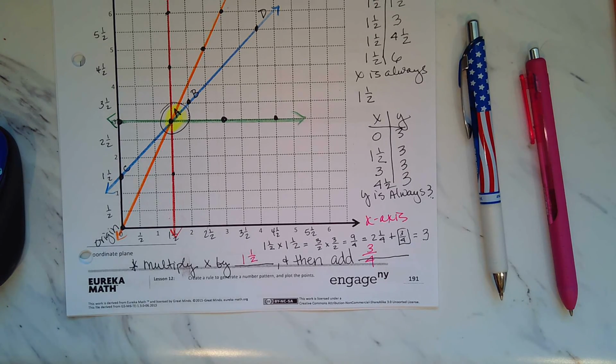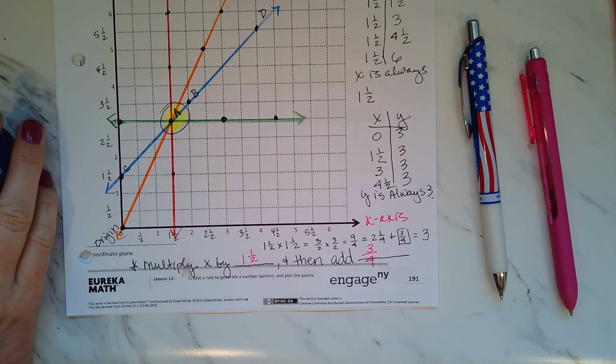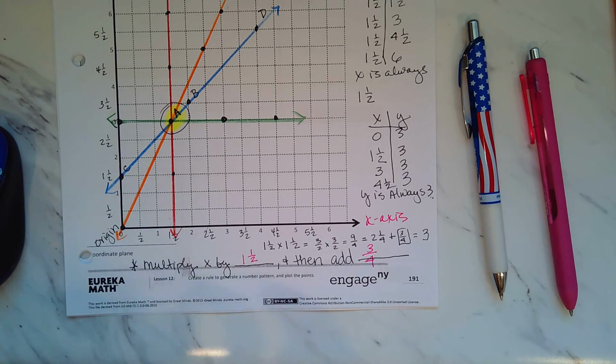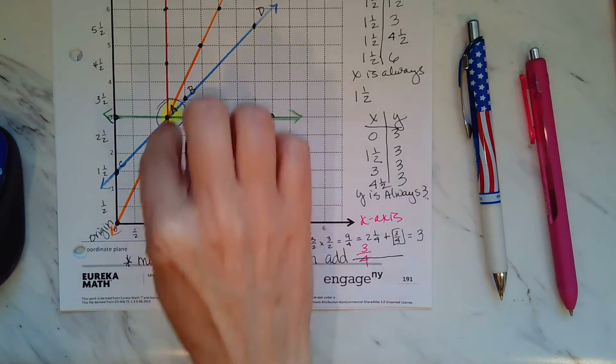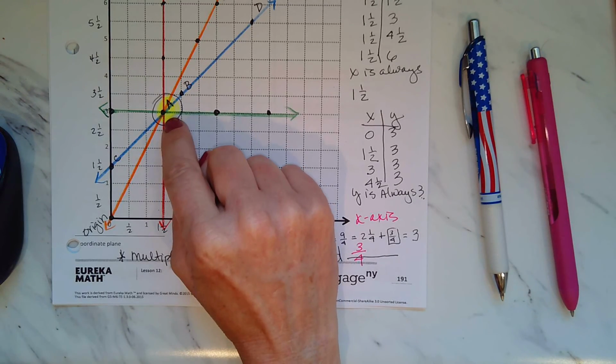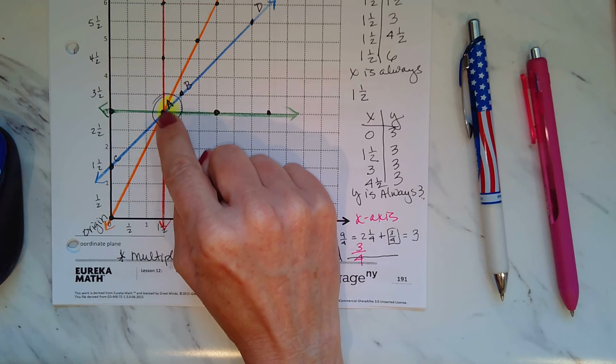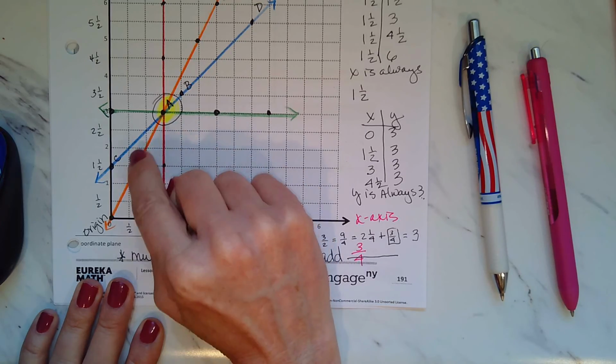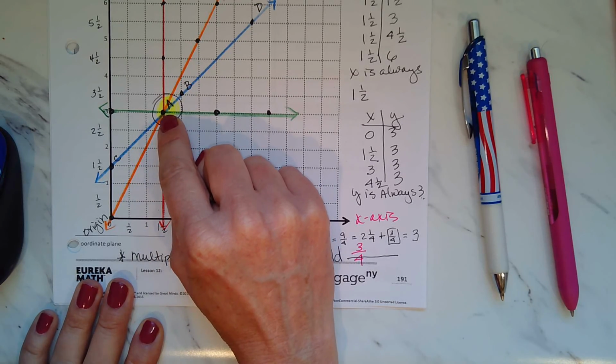I might try 0. I might try 1. I might try 2 just to see where I end up. So go ahead and try that. Try 1 1/2 and see what you get. But don't forget, your coordinate points have to sit on a line that is going to go through 1 1/2 and 3.